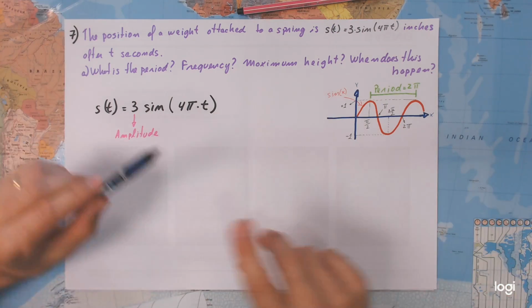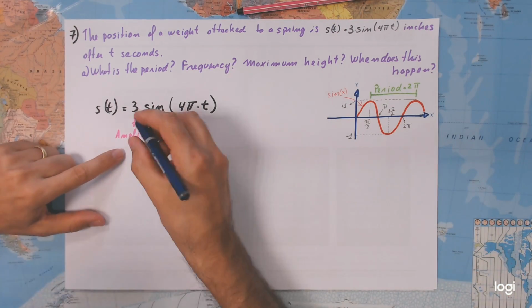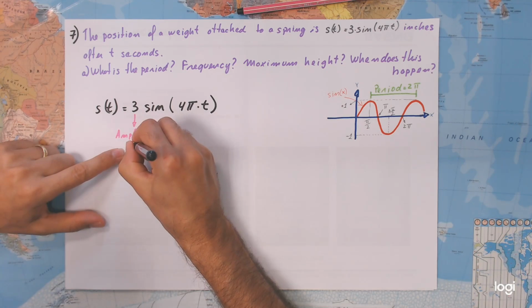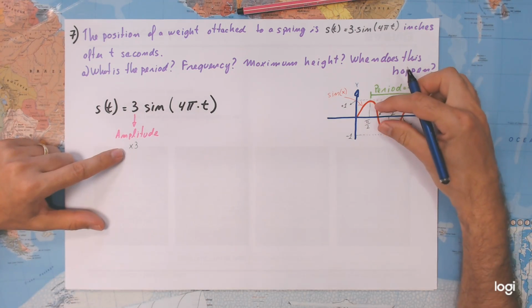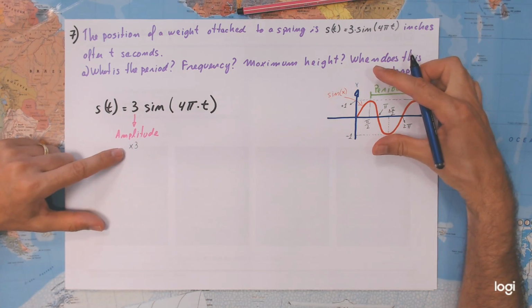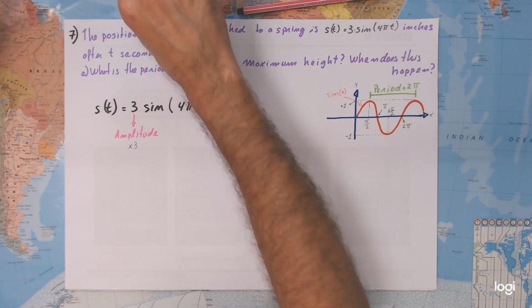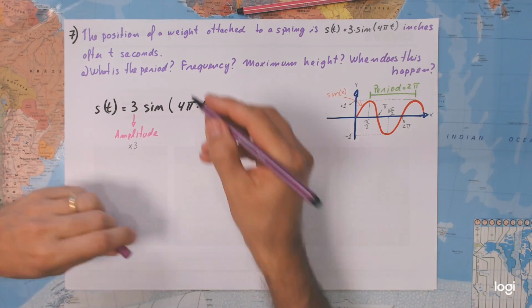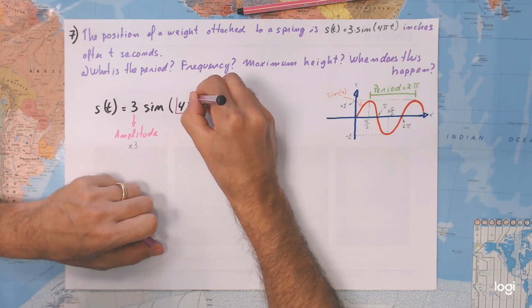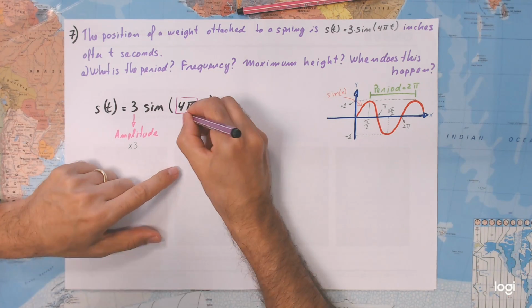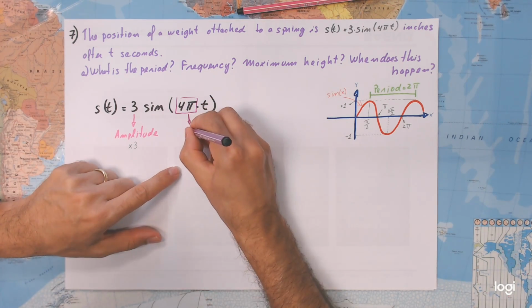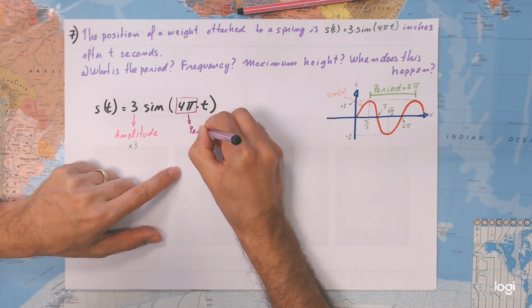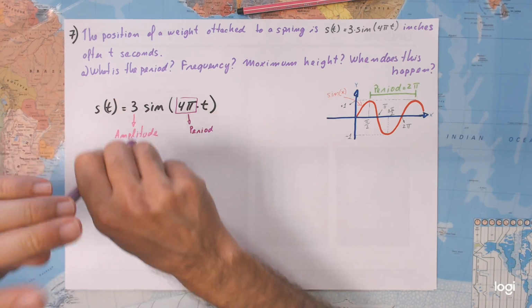Now, our amplitude, it is going to be multiplied by 3. We are just stretching up like this, okay? And what about this one? This is going to change our period. How?